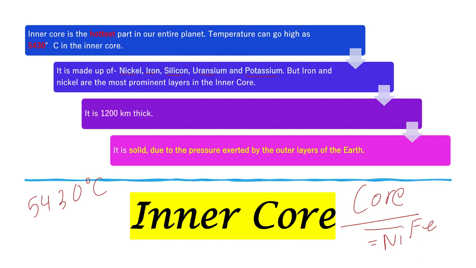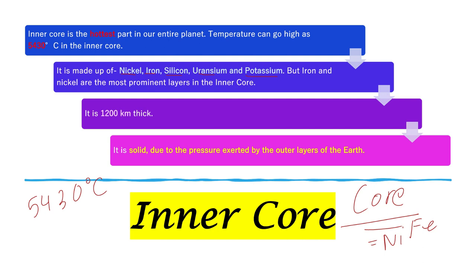It is 1,200 kilometers thick, and you would think that it's liquid, like the outer core, since it's really hot. But the inner core is solid, though it's really warm, like it has heat.